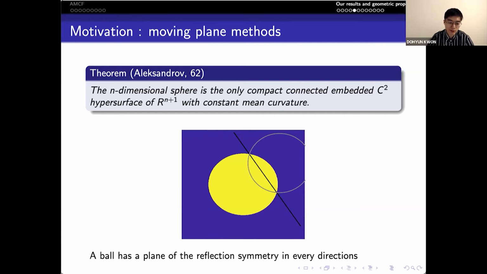And the proof is, as some of you know, interesting. If we have a plane and reflect the ball with respect to the plane, then you can see that the reflected part is included in the original part. So this ball has a plane of reflection symmetry in every direction. This is our main motivation.